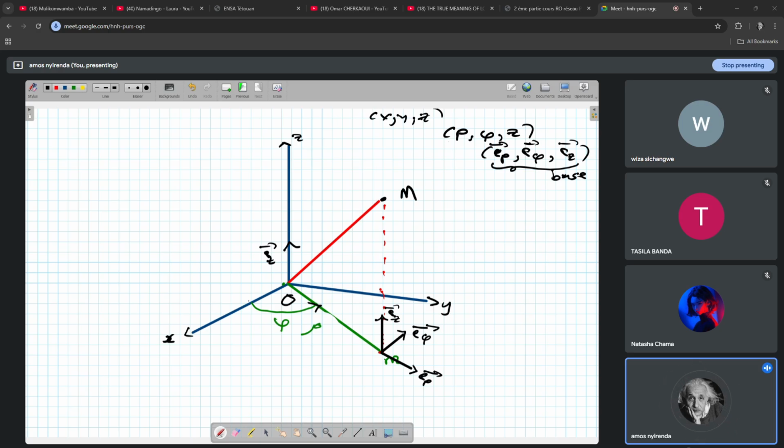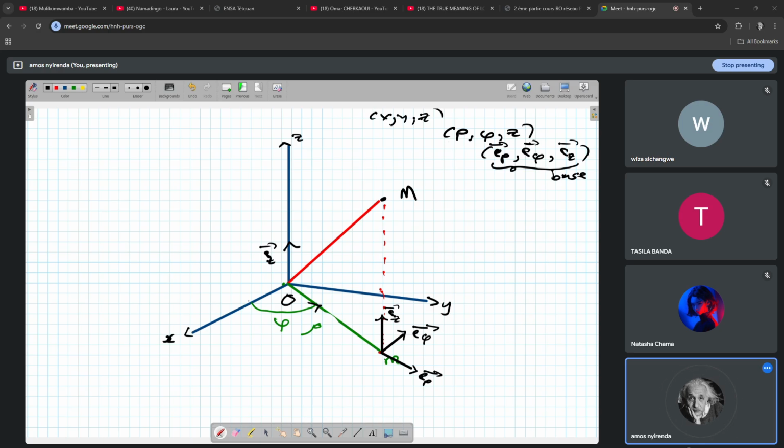It is the distance of this projection of OM in the x-y plane. And then the direction of rho is going to be the direction of the vector Om.